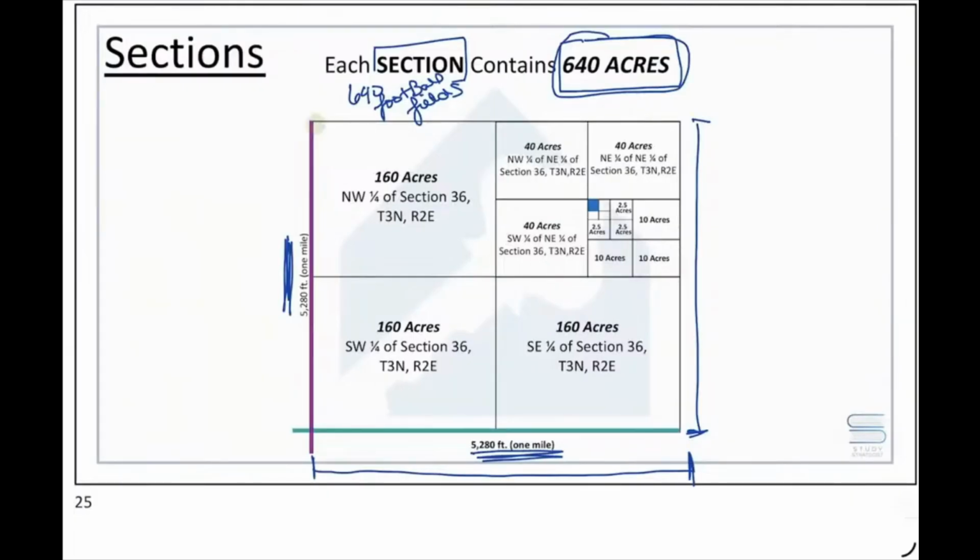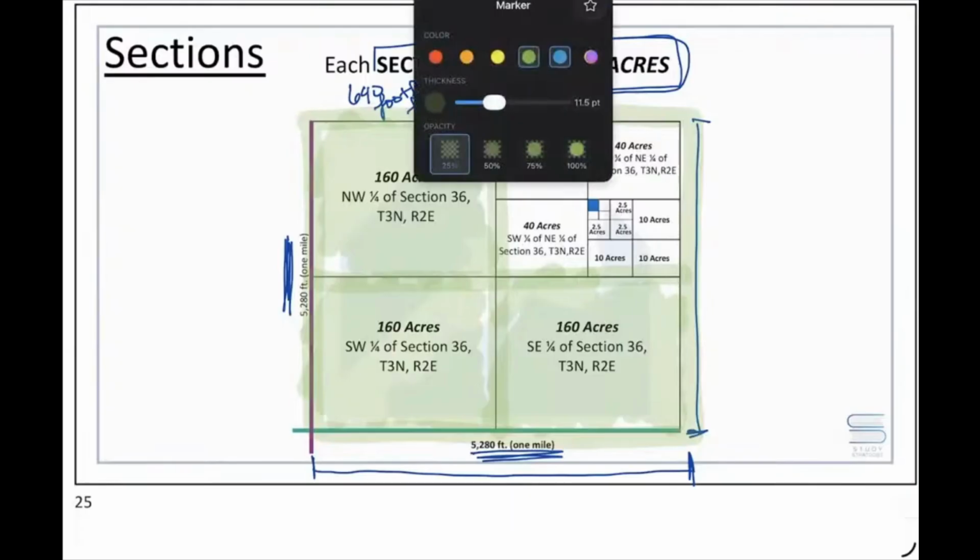They said, okay, we've got this section right here, but what if we were to quarter this? So now this would be the northwest quarter, and this would be the southwest quarter, and this would be the southeast quarter, which, okay, that's fine. But then they're going to quarter that again.